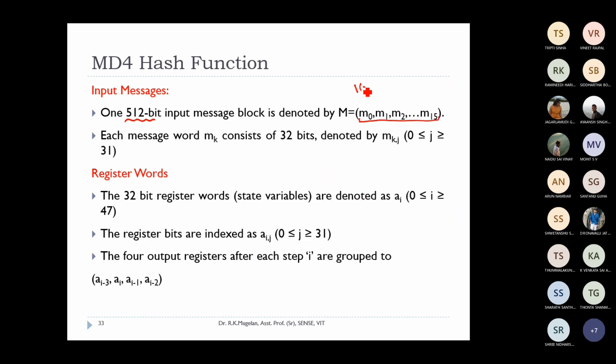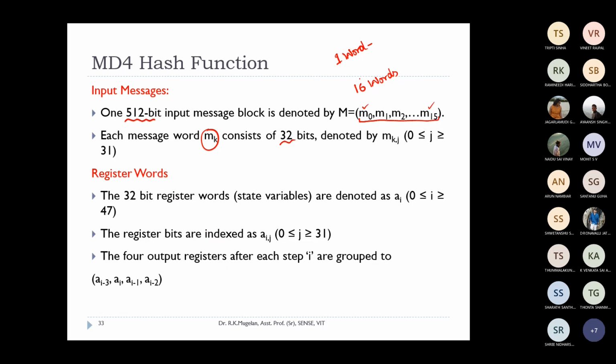This point you people have to remember: 16 words, starting from M0 to M15, and each message word will be made up of 32 bits. Can anyone tell how many bytes make one word? Simple question.